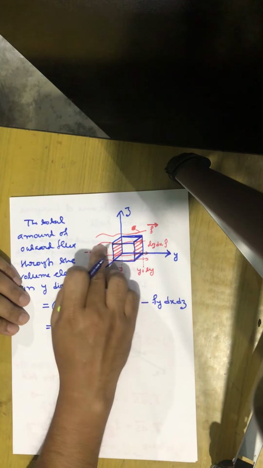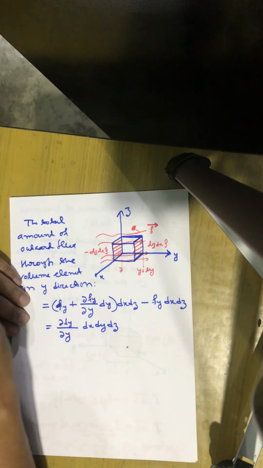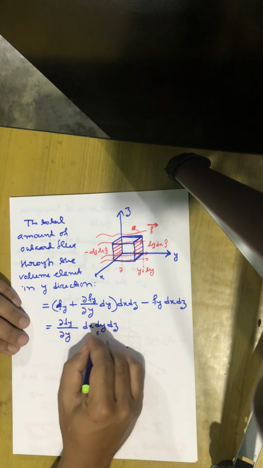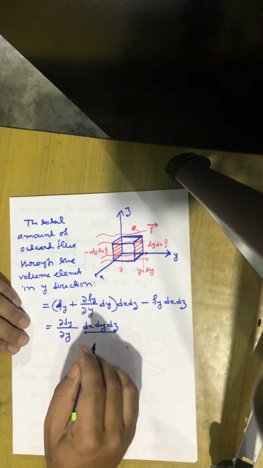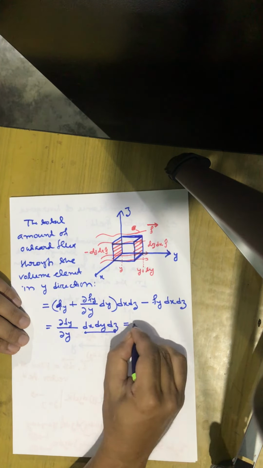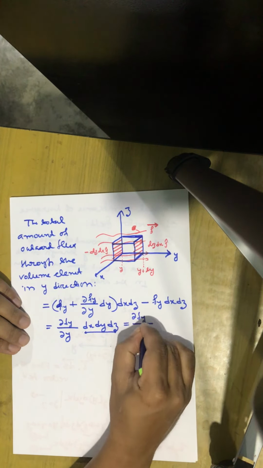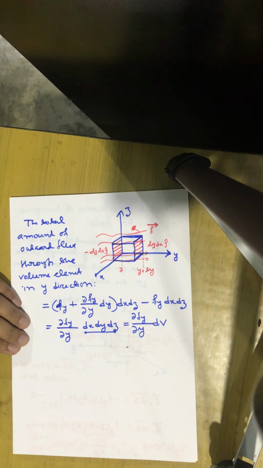This is the net amount of outward flux in the y direction of this volume element. As I have already told, dx dy dz is known as dv, the value of the volume element. So we can write it as del fy by del y into dv. This is in the y direction.